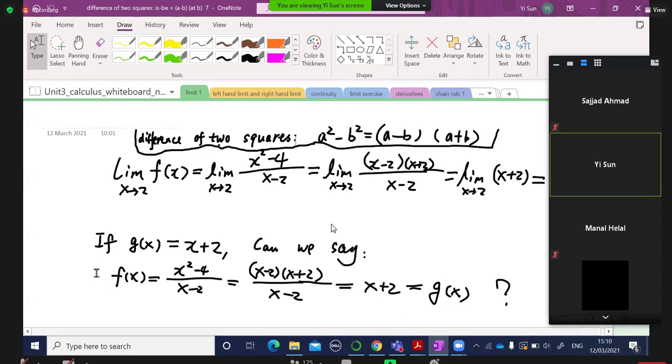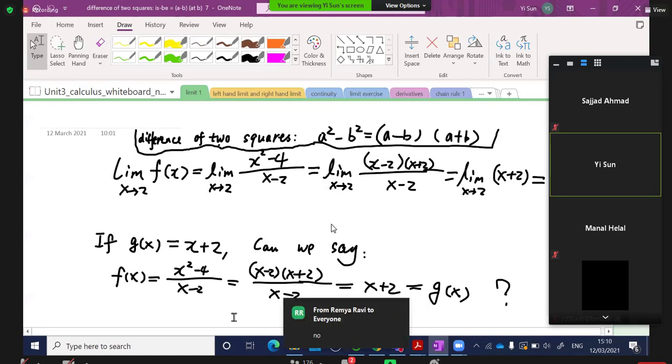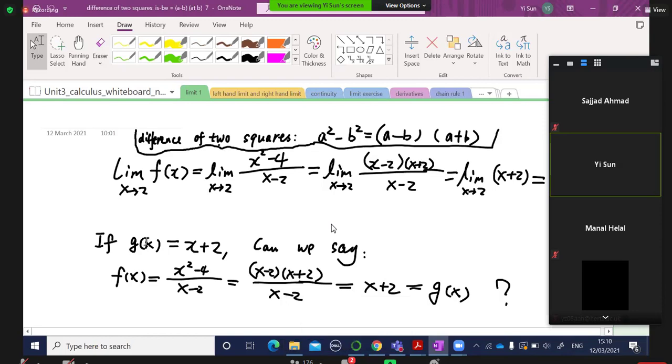Can I say f(x), which is defined here, is equal to g(x)? We can't. We almost can, but actually they are different. Why is that? Remember Tuesday we talked about function domain and range. What is domain?